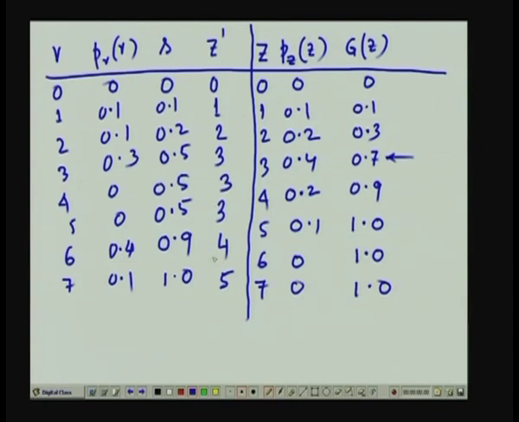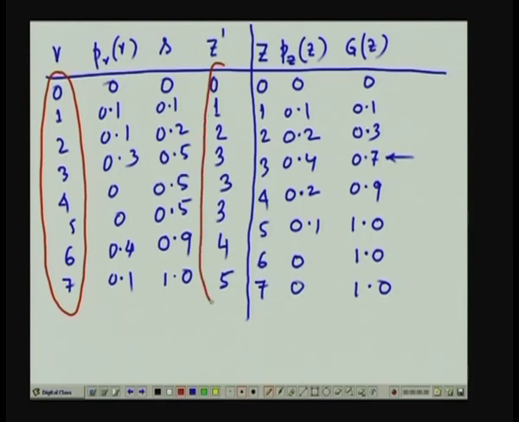For r equal to 6, the processed image will have an intensity value equal to 4, and for r equal to 7, the processed image will have an intensity value equal to 5. So, these two columns, the column of r and the column of z prime, give us the mapping between an intensity level and the corresponding processed image intensity level when I go for this histogram equalization.